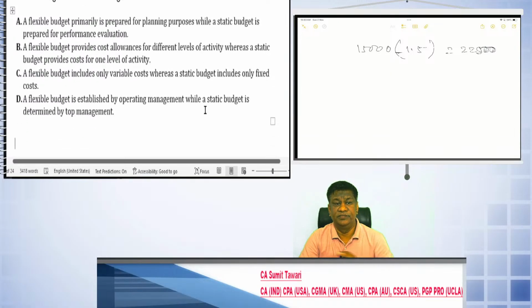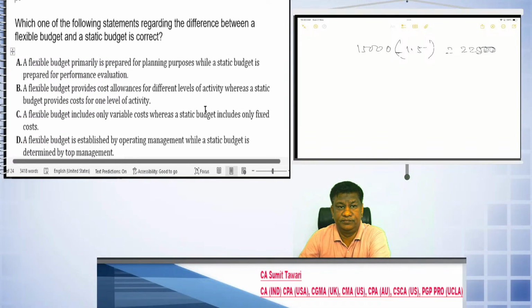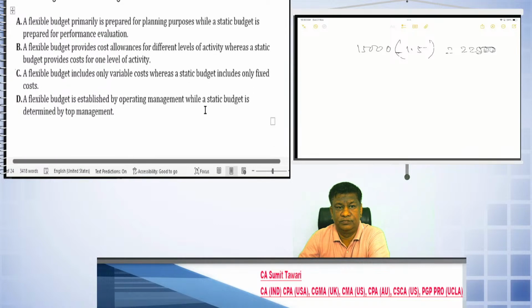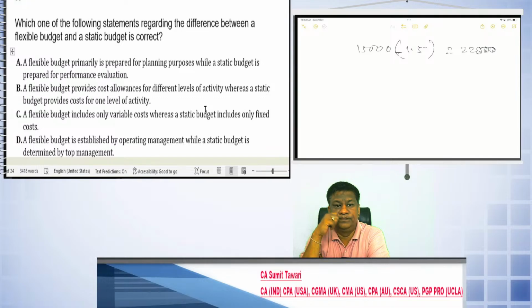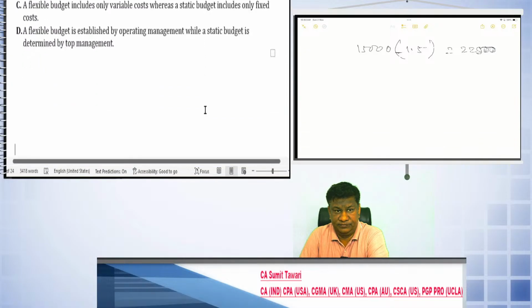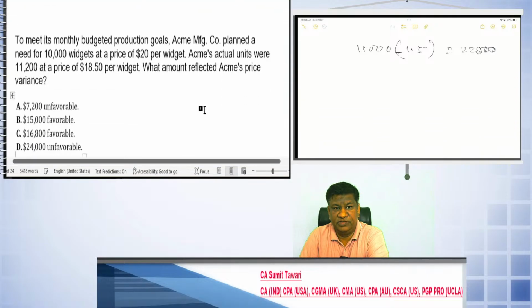Question number 30. I think B, sir, because a flexible budget provides allowances, whereas static budget provides cost for one level of activity. Yeah. So B is the right answer. Question number 31.